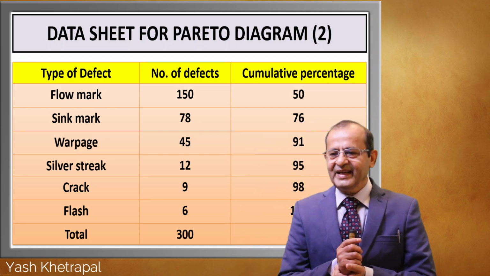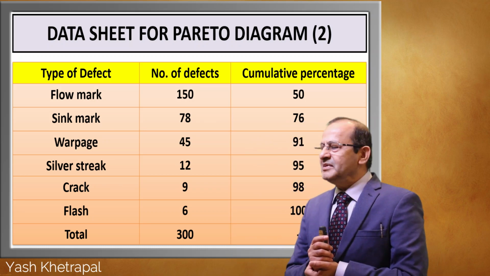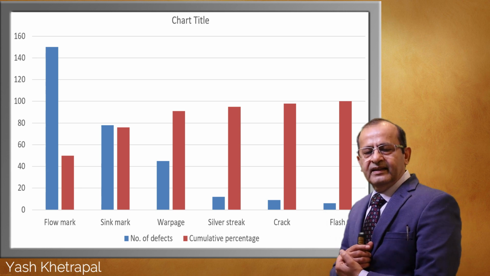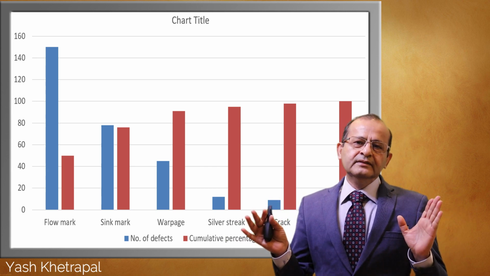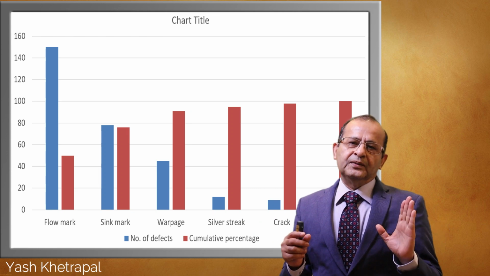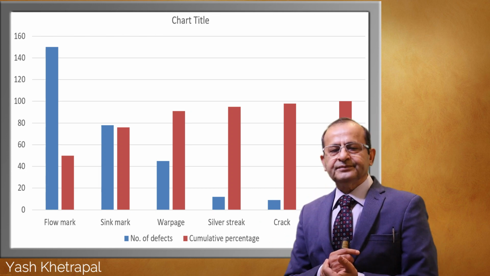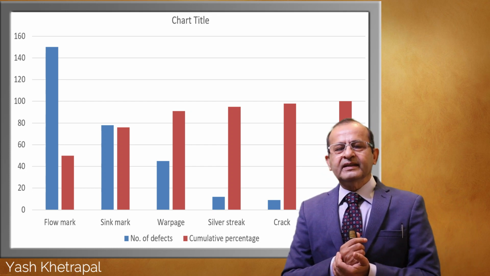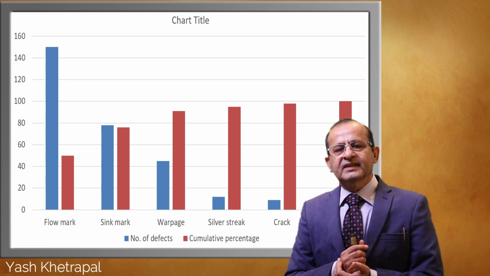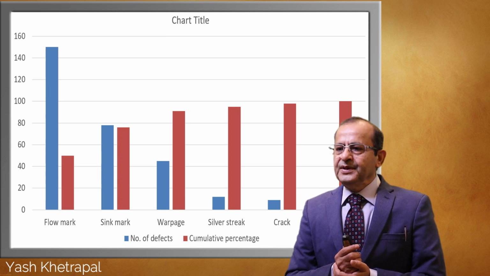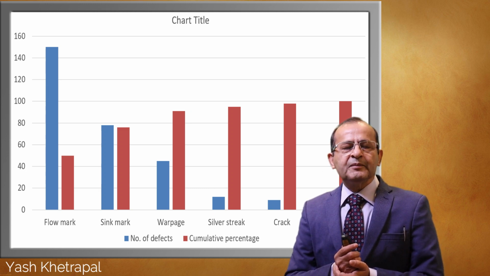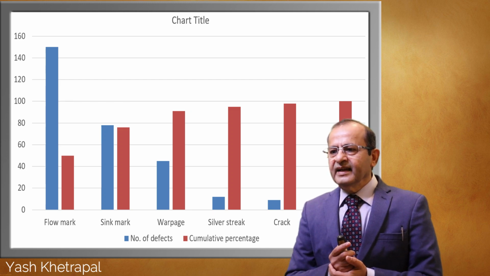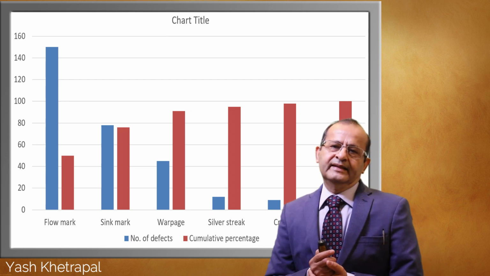Immediately Excel converts the numeric data into graphical data. A bar chart appears. Now you see bars of two separate colors. One is blue, the other is red. The blue is the number of defects, and the red is the cumulative percentage.